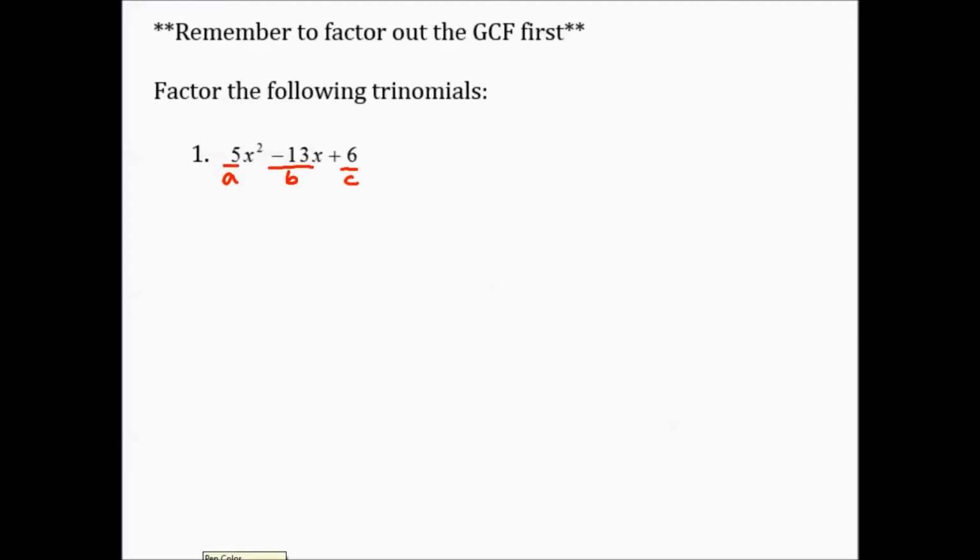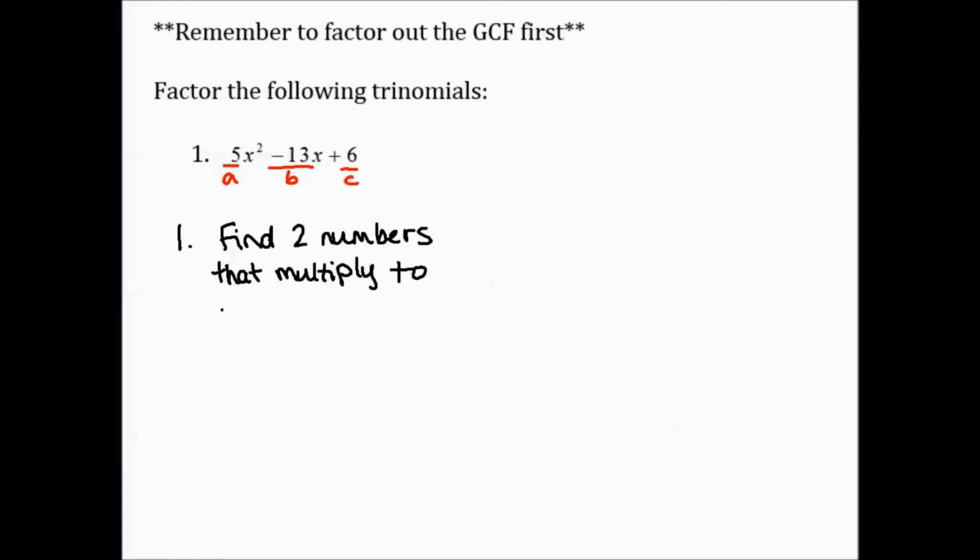When factoring a trinomial, the first thing we need to do is find two numbers that multiply to A times C and add to B. So here, A times C is going to be 5 times 6, which is 30.